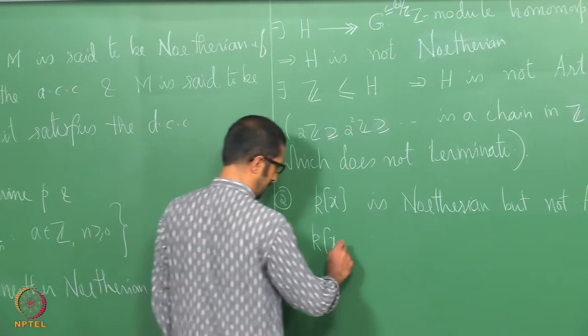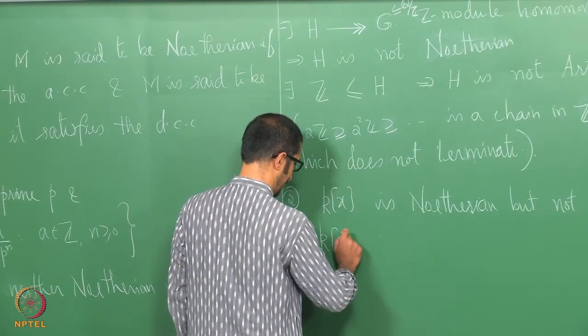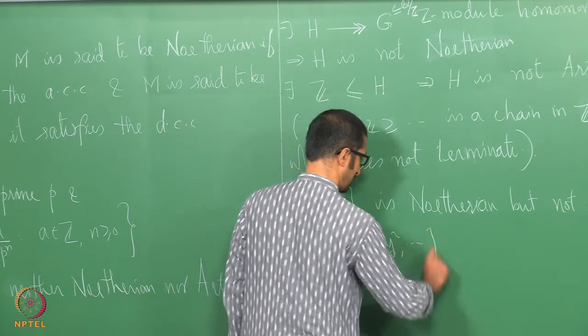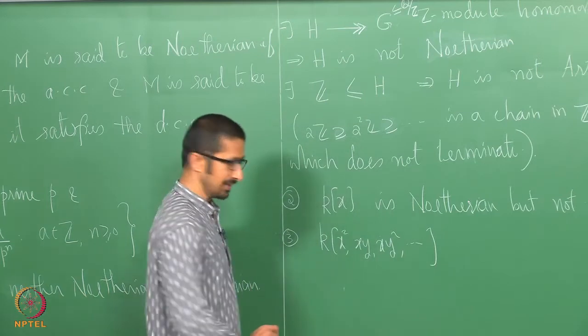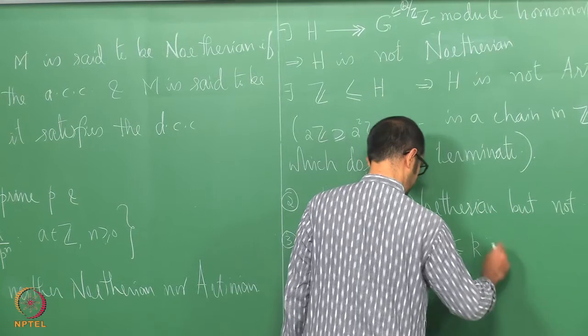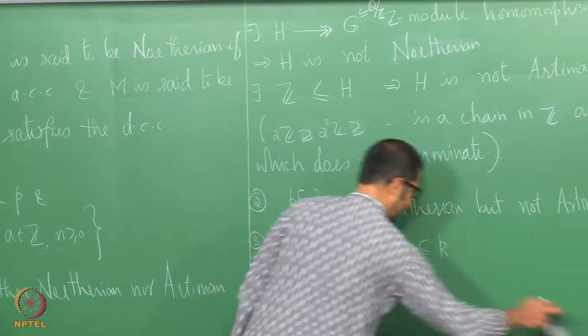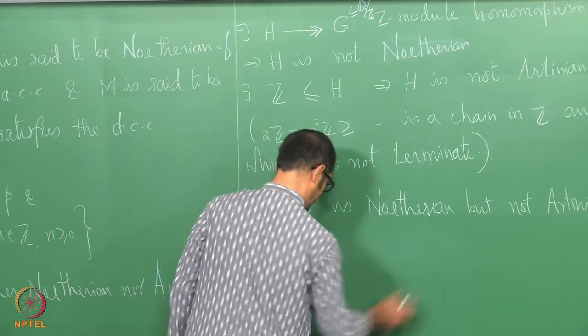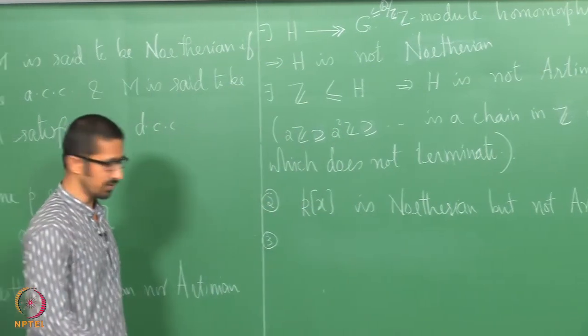For example, if you take k[x square, xy, xy square], this ring is a subring of k[x,y]. Well, okay, let me not do this right now because we do not know whether k[x,y] is Noetherian or not.